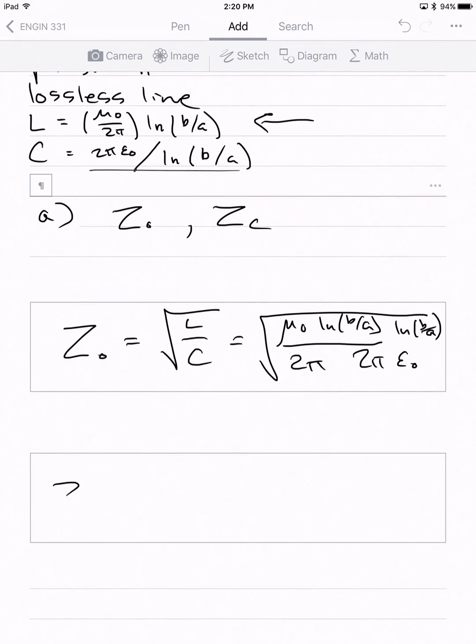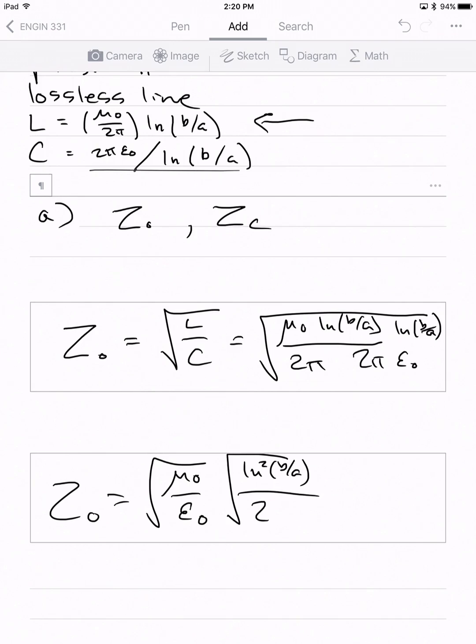Simplifying that out, I have Z0 is equal to the square root of mu naught over epsilon naught times the square root of ln squared of b over a over 2 pi squared. So if you remember, the square root of mu naught over epsilon naught is eta naught, the intrinsic impedance of free space.